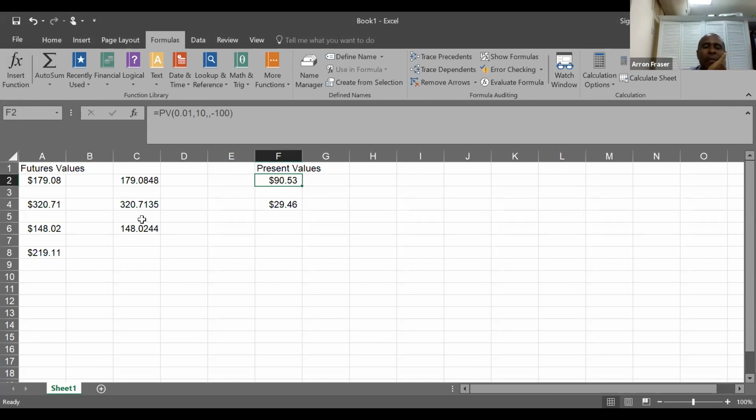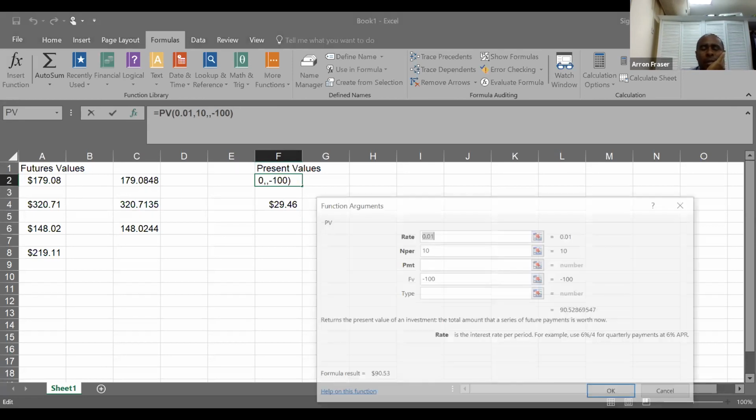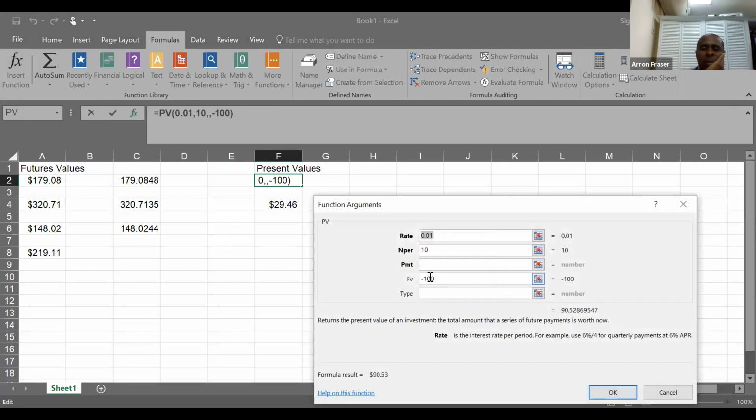So if I open back my formula here, you see the FV is a minus 100. I'm sure you have it as a plus. Okay, thanks. All right, so once you change it to minus, then that's just the way the formula works.